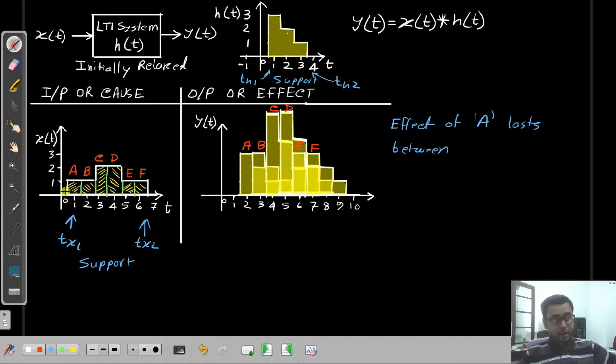so this part A, when this is very narrow, if you slice them with very narrow slices, then A is at point tx1.